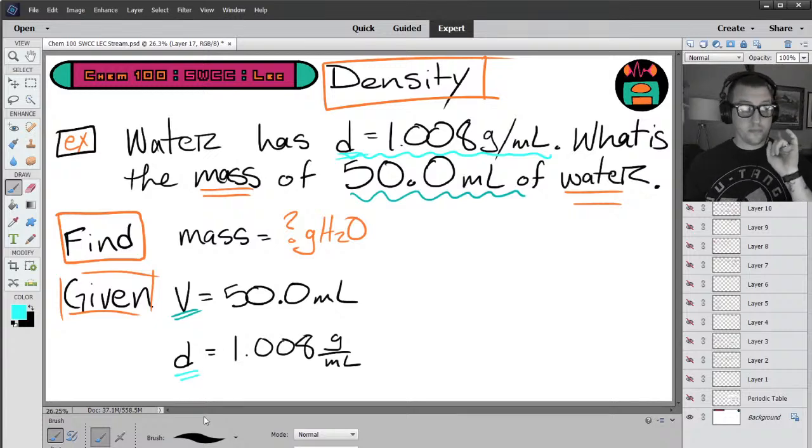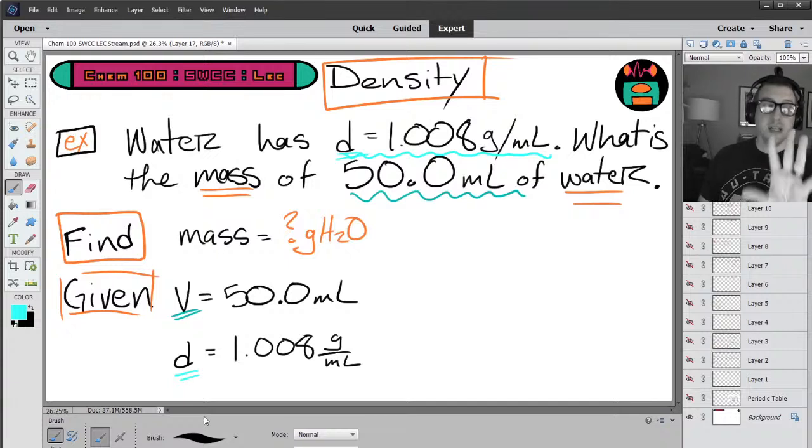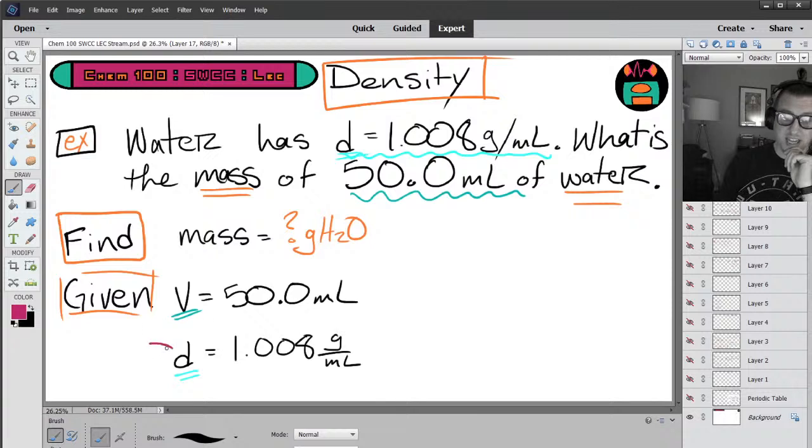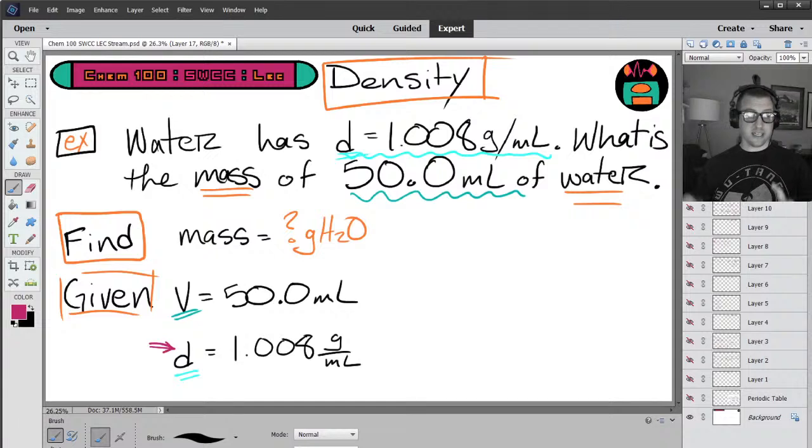Now, you may look at this problem and think that's all we're given. But we actually have one more piece of information here. It's hidden inside this quantity. It's hidden inside density.